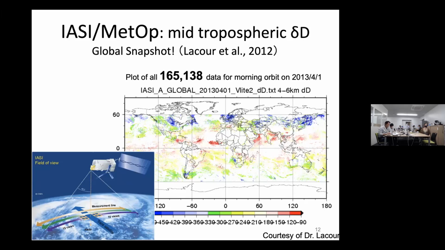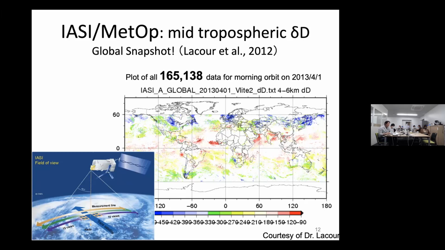Besides spectroscopic ones, satellite measurements also became popular. And then IASI on MetOp, introduced by Matthias yesterday, observes the mid-tropospheric delta D, and it can make measurements for global daily snapshots, which surprised me a lot when I first saw it.